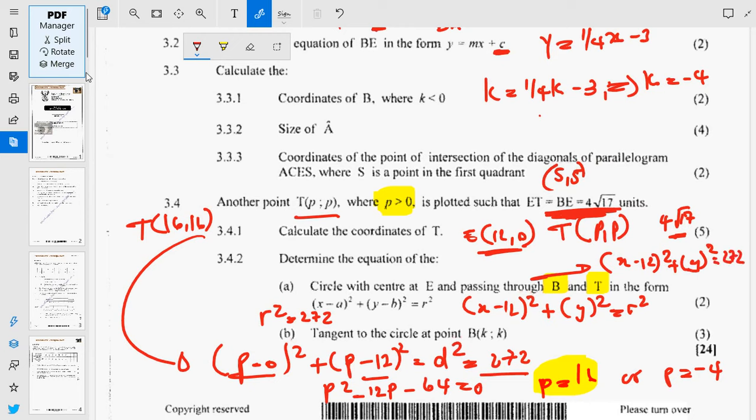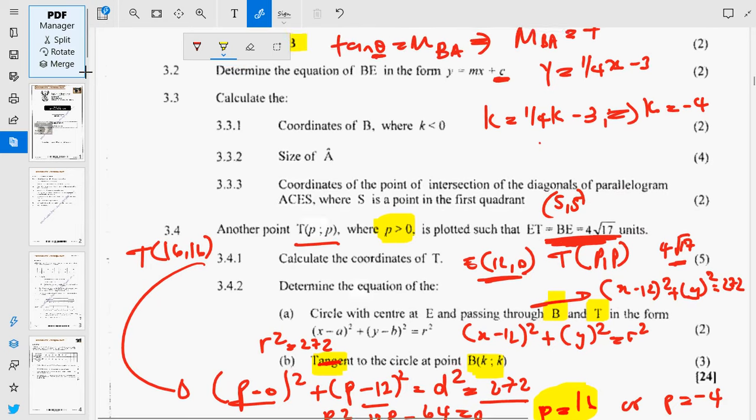Okay, and the last part says determine the equation of the tangent, okay, so I wanted to underline that, of the tangent to the circle at B. Okay, so what is actually happening here, let me go to the picture.